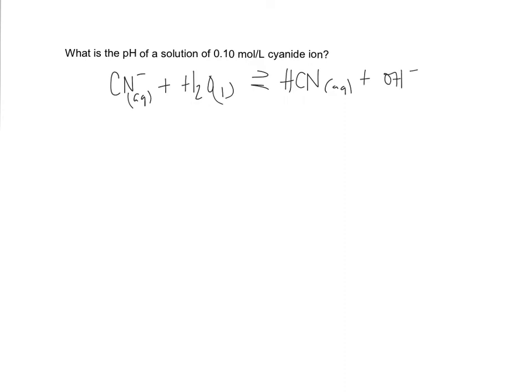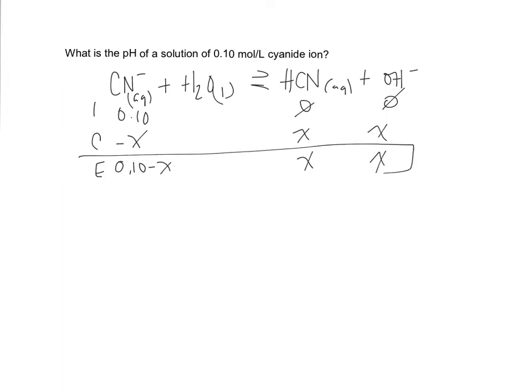So we're going to need an ICE table and a Kb expression. So initially 0.1 mole per liter, no products, change coefficient times x. So we're interested in this line.